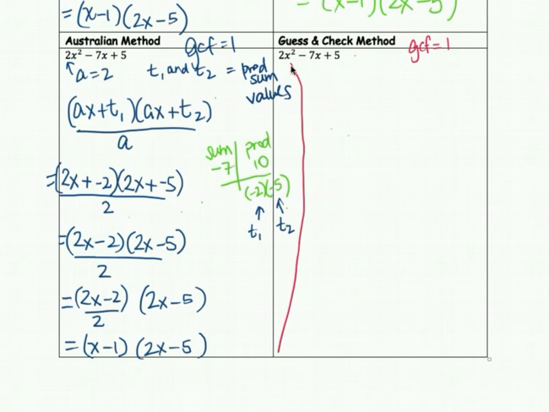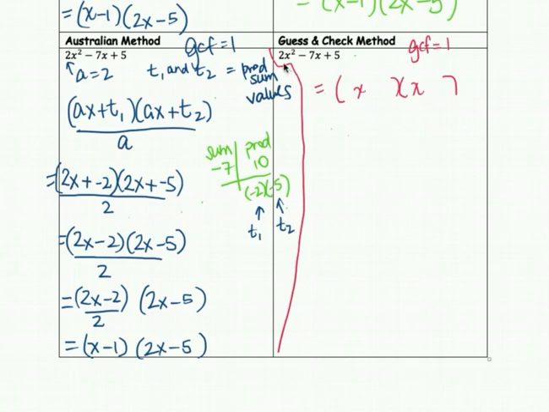The first step here is that the a value is 2. You know that the factors will have a form like this. There'll be 2 sets of brackets, and they start with an x, and there might be a number in front of the x, but there will be a number after that's added or subtracted to the x.